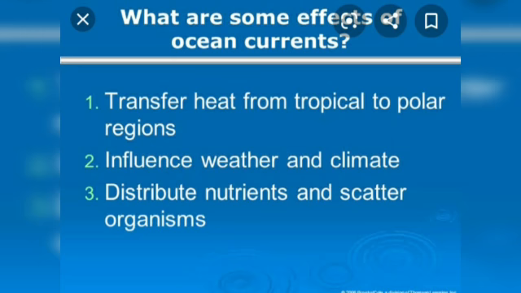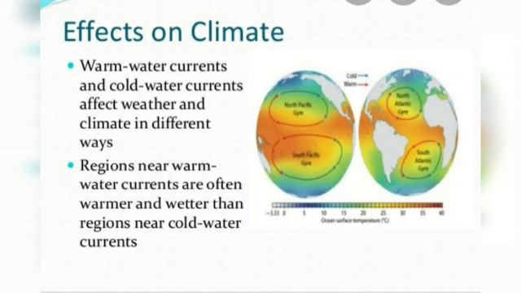The other effects include the transfer of heat from the tropical regions of the world to the polar regions, the influence on weather and climate, the distribution of nutrients and other organisms, the regulation of air routes, and the mixing of cold and warm ocean currents, which produces planktons and dense fog-like conditions.